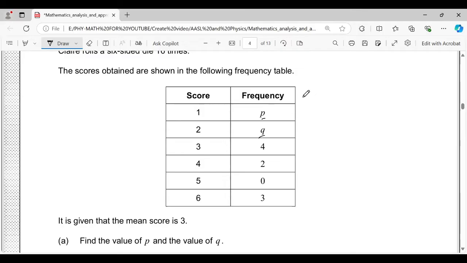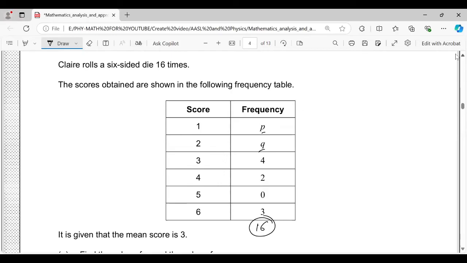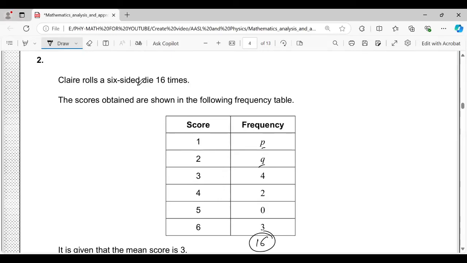According to the information, the total frequency is 16, because Clear rolls the six-sided die 16 times. So the frequency equals P plus Q plus 4 plus 2 plus 3 equals 16.